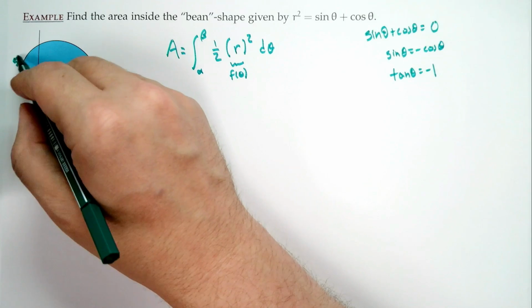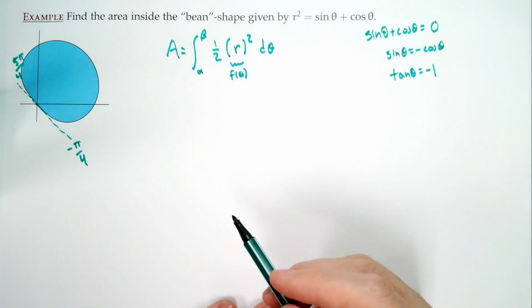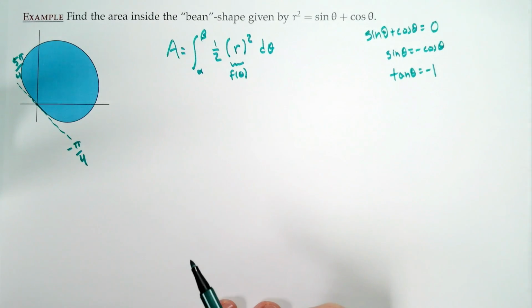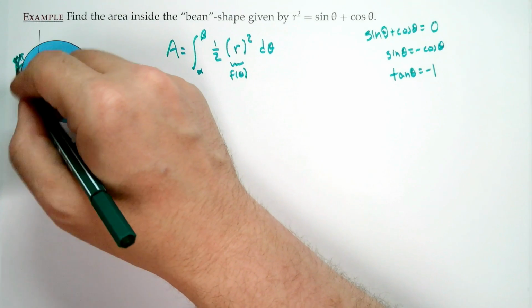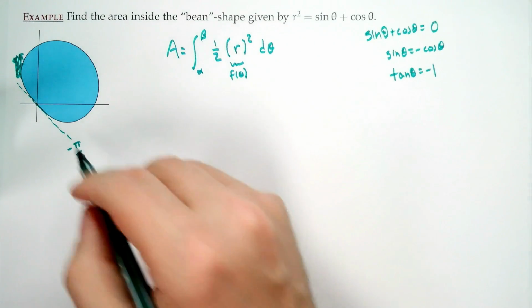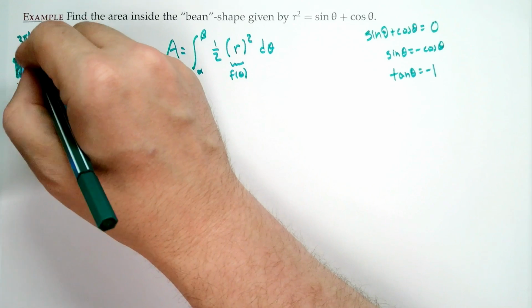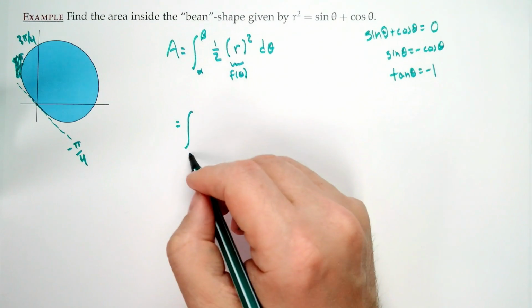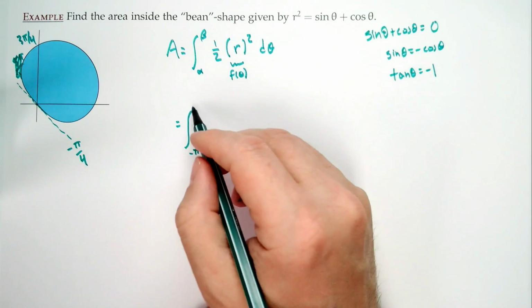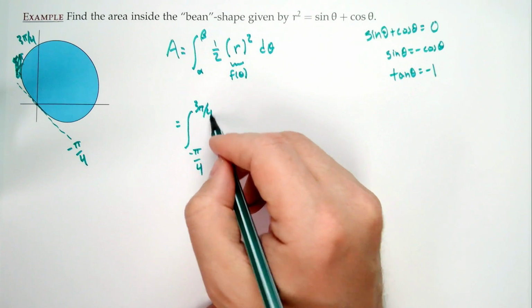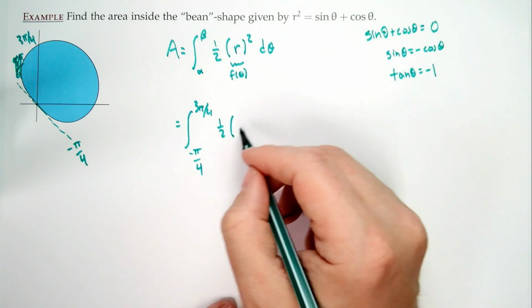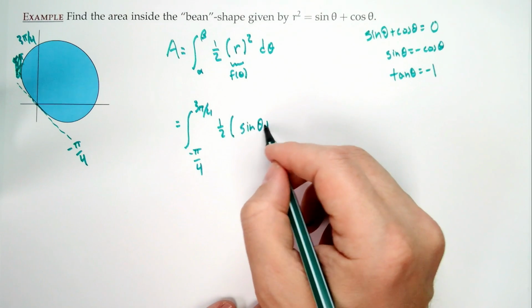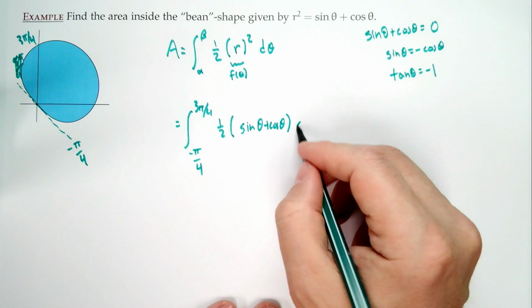So that's over here at 5 pi over 4. Wait, is that? No, 180 degrees. I know how to add 180. That's like adding pi. 3 pi over 4. There you go. So, we get the integral from negative pi over 4 to positive 3 pi over 4 of 1/2, and r squared is sine theta plus cosine theta, d theta.